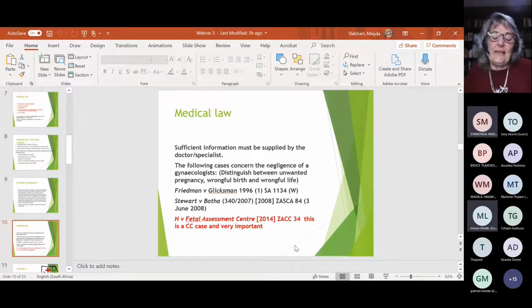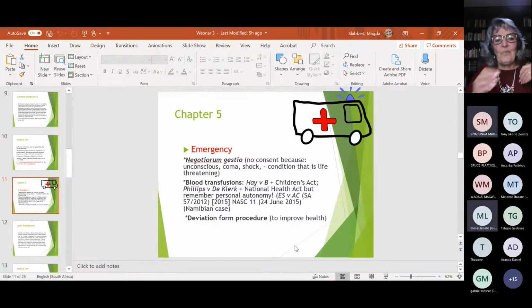In other words, it will be kept in a trust for that child. Whereas in the case of wrongful birth, the money will go to the parents to use as and when the need arises. So it's quite important to take note of these three claims, because it happens in our legal system that gynecologists make mistakes.